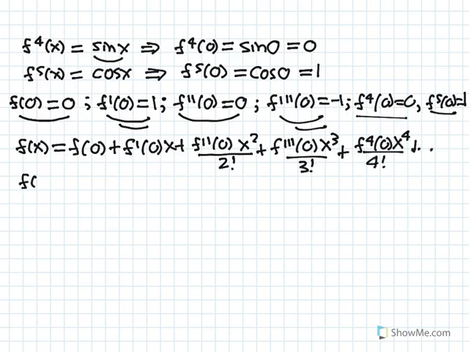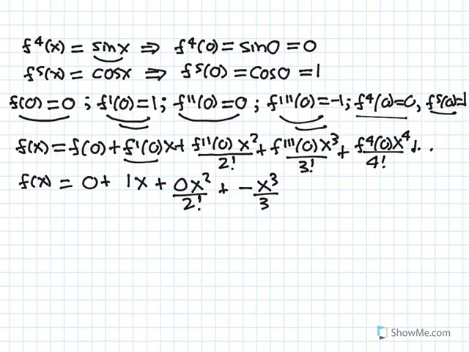Now let's plug in values for these derivatives. F of 0 is equal to 0. F prime of 0 is equal to 1, so we get 1 times x. F double prime of 0 is equal to 0, we get 0x squared divided by 2 factorial. F triple prime of 0 is negative 1, so we get minus x cubed divided by 3 factorial. F fourth of 0 is 0, x to the 4th divided by 4 factorial. And f5 of 0, the fifth derivative at 0, is equal to 1, so we get 1 x to the 5 divided by 5 factorial.